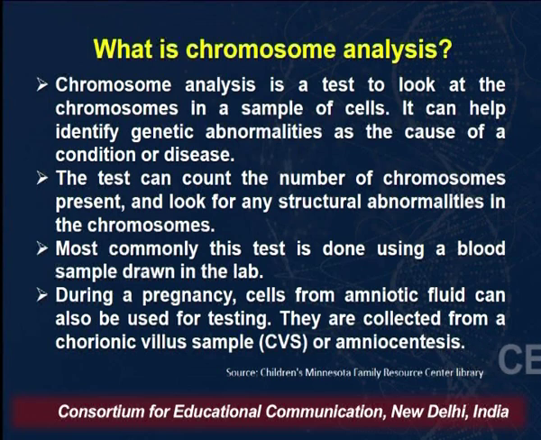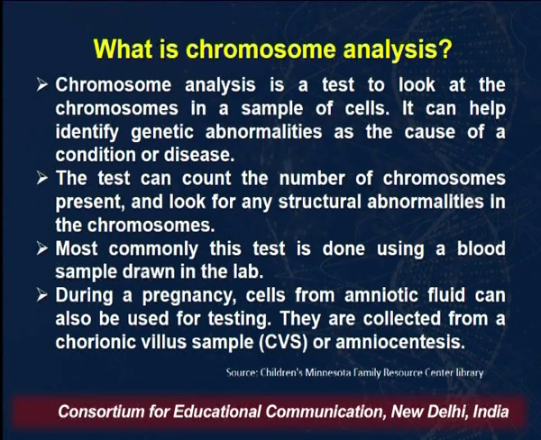So, the number of chromosomes is counted, and then the structures of those chromosomes are checked or mapped along with the standard maps which are present. And if there is any abnormality, it can easily be deciphered which disease condition the sample is having.